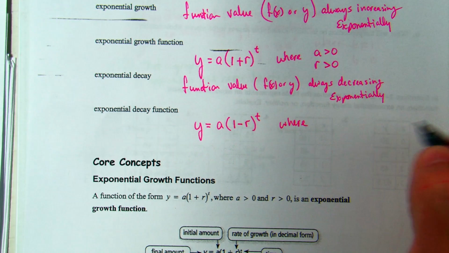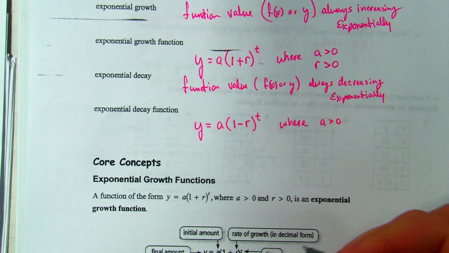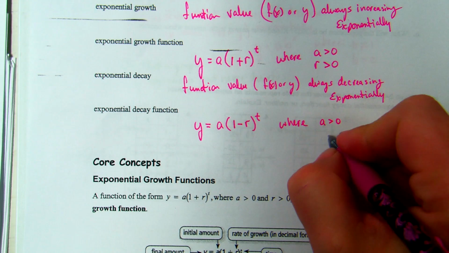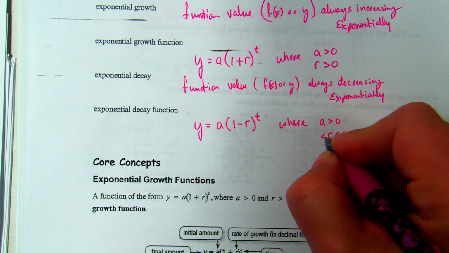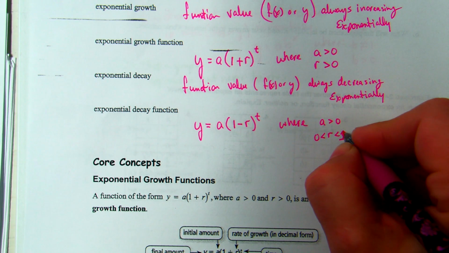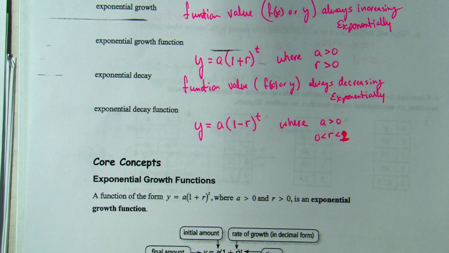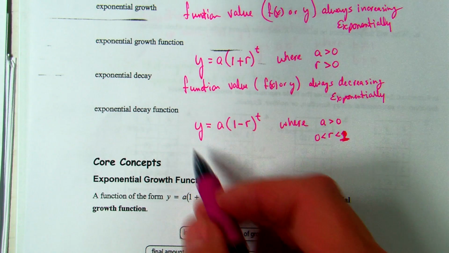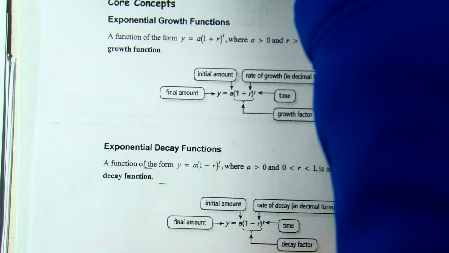This is where a is going to be greater than 0, and r is going to actually be between, oops, I did that wrong. It's supposed to be 1. Between 0 and 1. So r has to be between 0 and 1. A has to be greater than 0 for these functions to be correct. Okay. Let's look at the illustrations that we have down here.